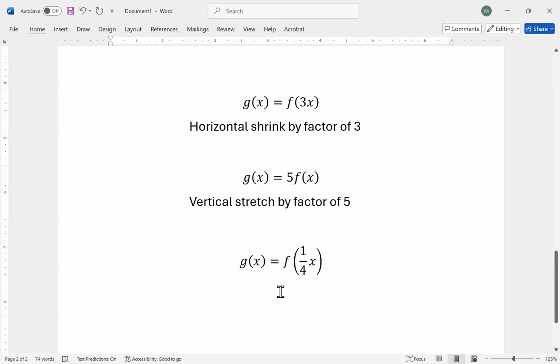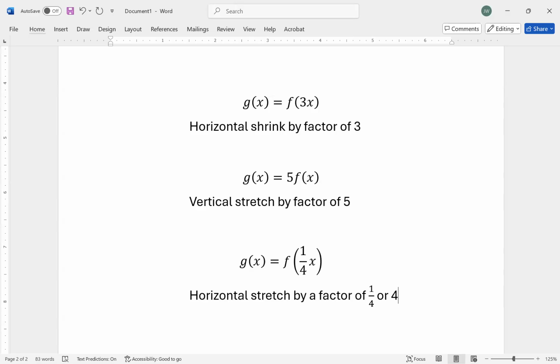And then lastly, this, since it's on the inside of the parentheses, multiplying by 1/4, it's actually a horizontal stretch by a factor of, and in this case, you can either say by a factor of 1/4 or by a factor of 4.